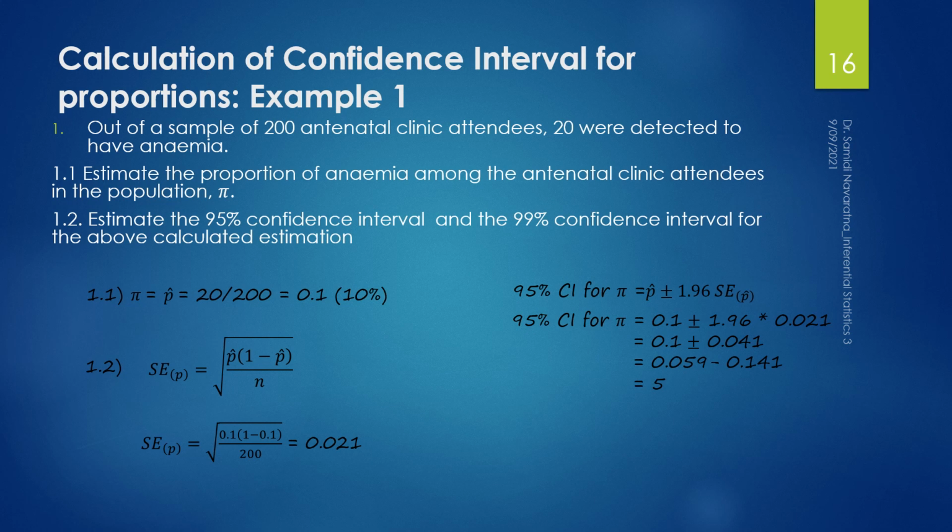When given as a percentage, it would be 5.9% to 14.1%. So if we interpret this, this means that we are 95% confident that the population proportion for the anemia among the antenatal clinic attendees lies between 5.9% and 14.1%. So, in a similar fashion, we can calculate the 99% confidence interval.